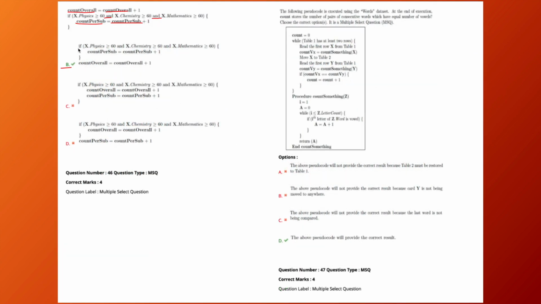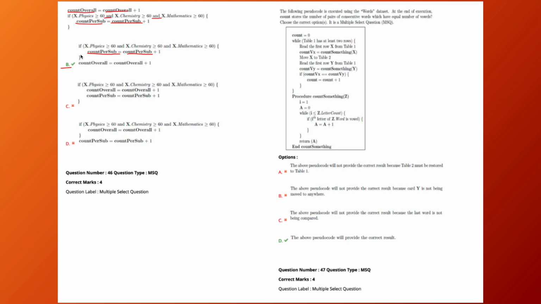Now another if statement says if x dot physics is greater than or equal to 60, x dot chemistry is greater than or equal to 60, and x dot mathematics is greater than or equal to 60, we increment the per subject count by 1. That means this person has scored greater than or equal to 60 in all 3 subjects, and we increment the count per subject by 1.